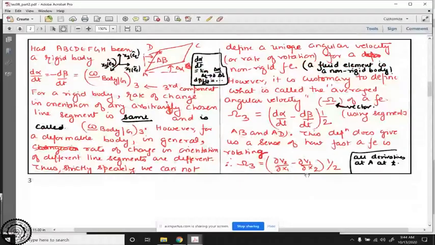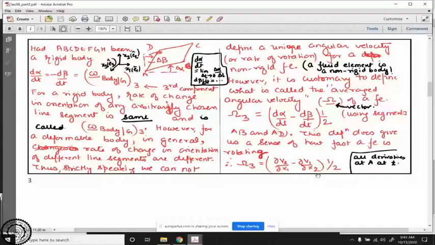And now you can clearly see the special case I mentioned earlier will be true when del v1 del x2 is minus del v2 del x1. In that case, at least at that instant, you can say that the body is having a rigid body motion. But this example aside, that is not a primary agenda item.